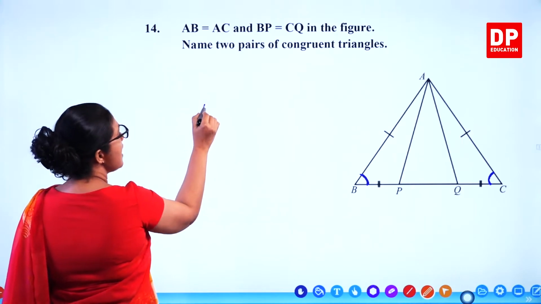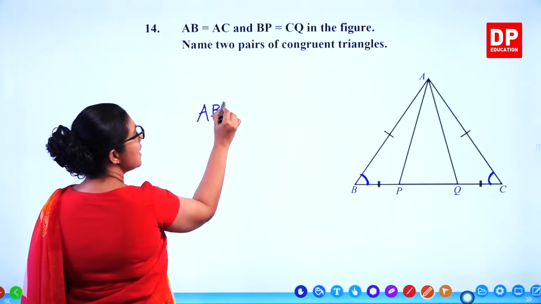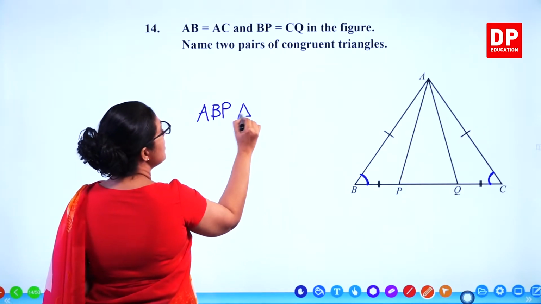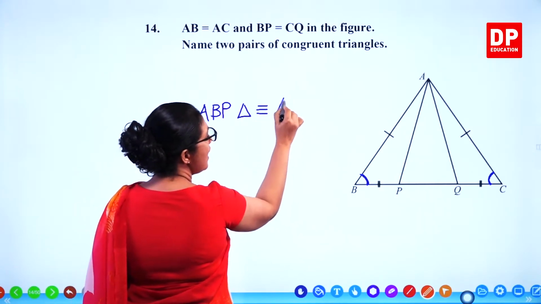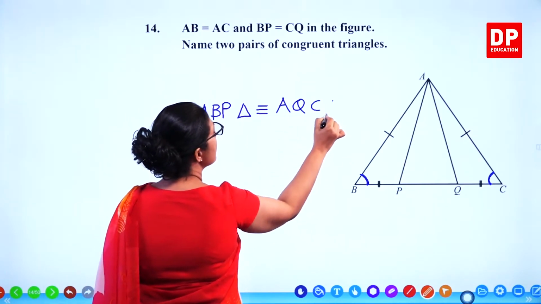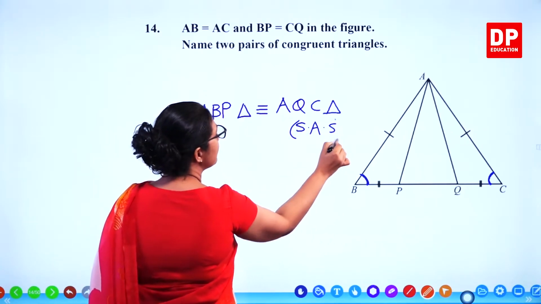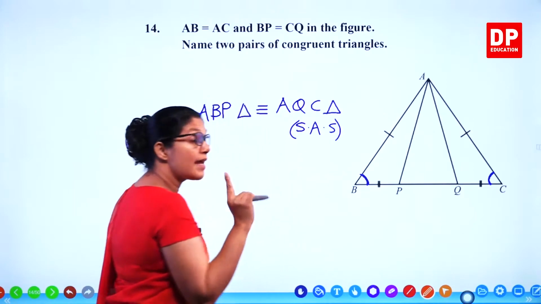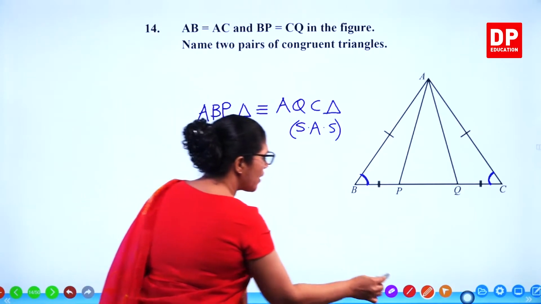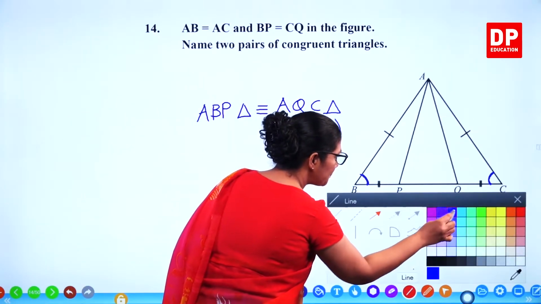So, we can say ABP triangle is congruent to AQC triangle. Side, angle, side. Side, angle, side. Included angle is there.